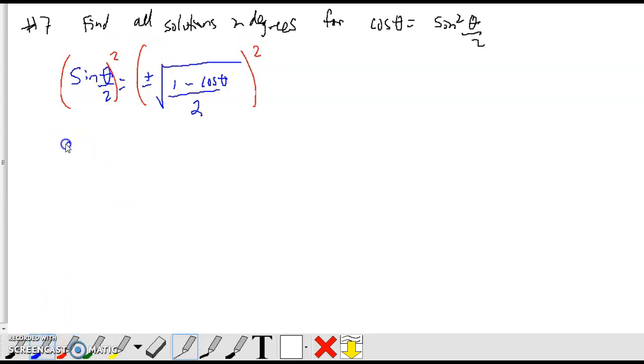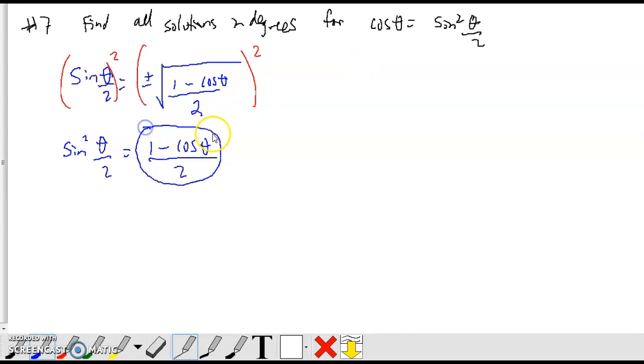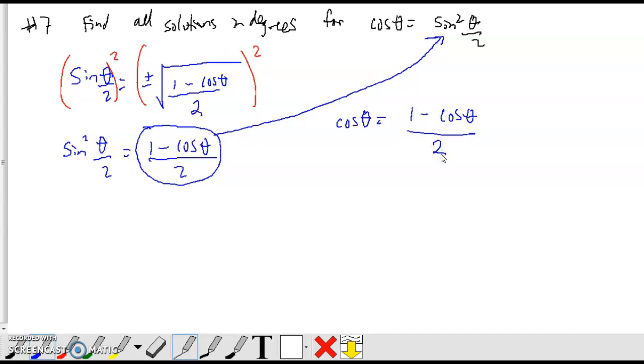Then the plus or minus and the radical go away, and I can replace sine squared of theta over 2 with this lovely equation. So it says cosine of theta is equal to 1 minus cosine of theta all over 2.